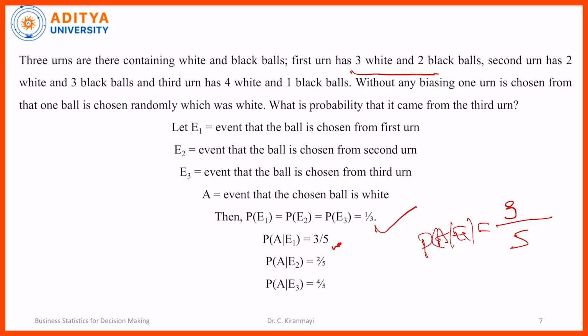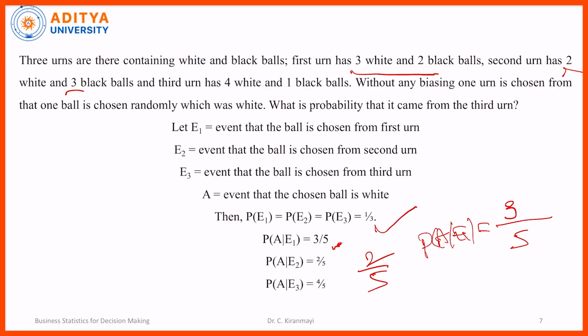Likewise, P of A given E2: if the second urn is chosen, and a white ball is selected at random, what is the probability of that? In the second urn also there are 5 balls, and the favorable cases are the 2 white balls, therefore P of A given E2 is 2/5.